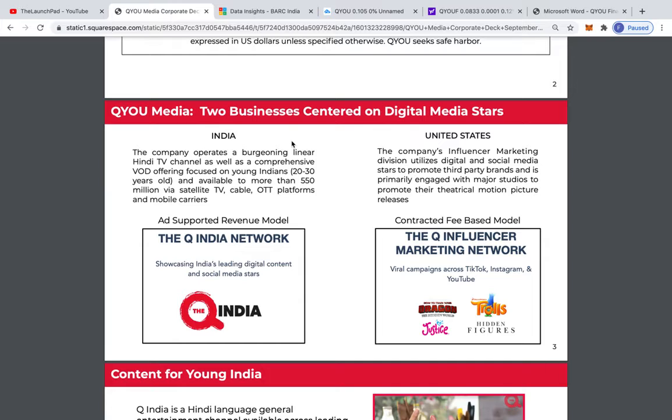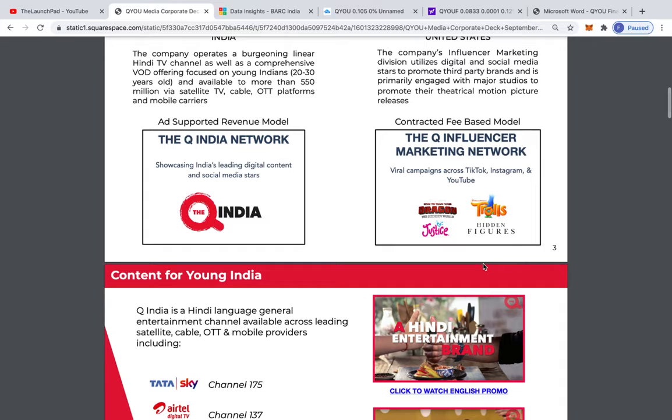So as we'll see in a little bit, there's a bunch of connections to big Hollywood studios, and therefore they offer services to these studios, promoting big name movies, like How to Train Your Dragon, Trolls, big name stuff. They promote it with influencers on TikTok, Instagram, YouTube.